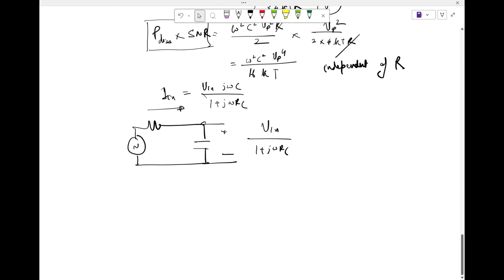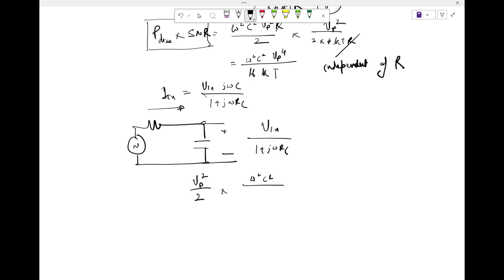So the power dissipated across the resistor is I in squared R, so this will be VPP squared by 2, or VP squared by 2, times omega square C square by 1 plus omega square R square C square, times R, right? So this is power dissipation.